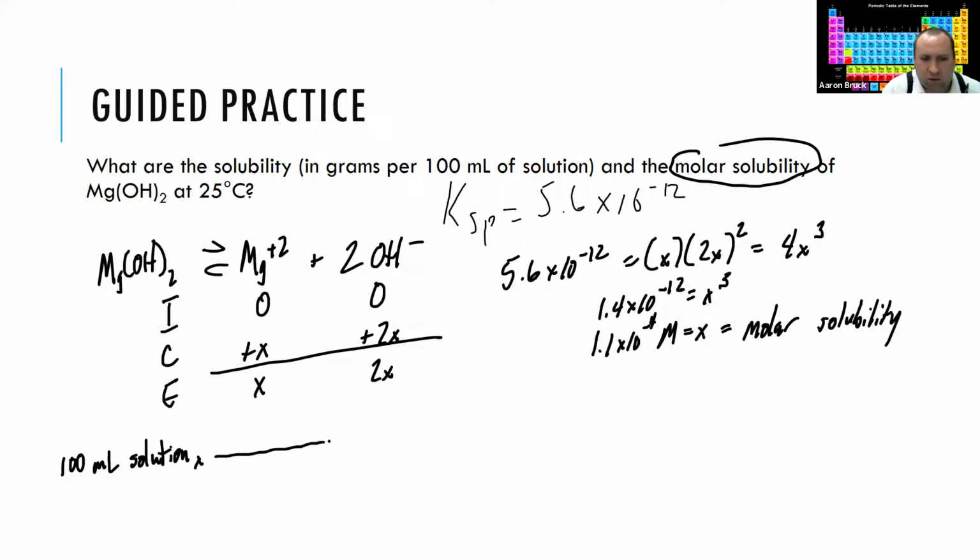Multiply this by our molar solubility. But first, we need to turn that milliliters into liters. One liter of solution is 1.1 times 10 to the negative 4th moles of magnesium hydroxide.